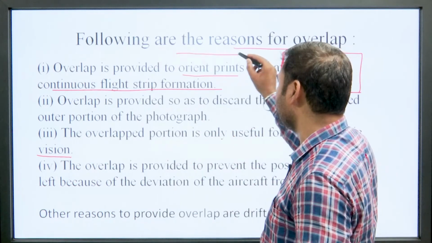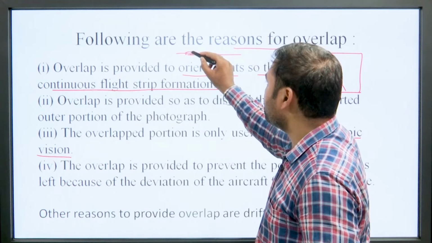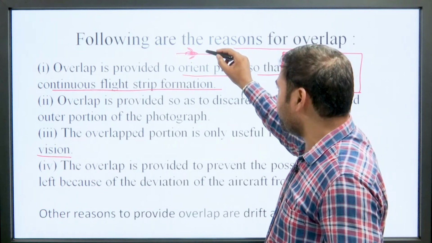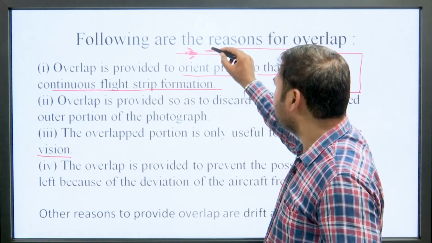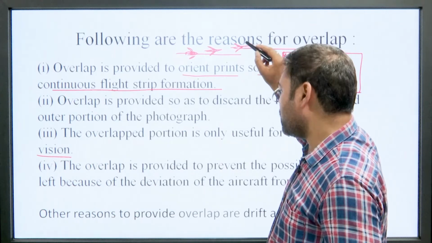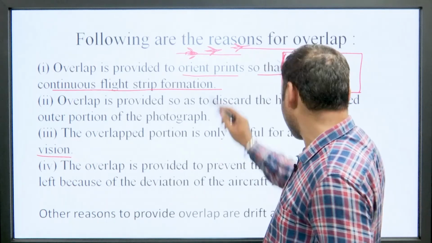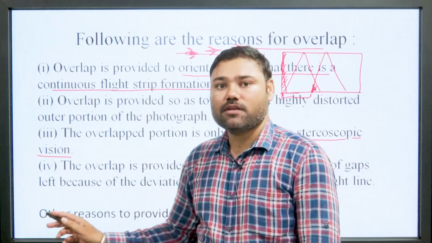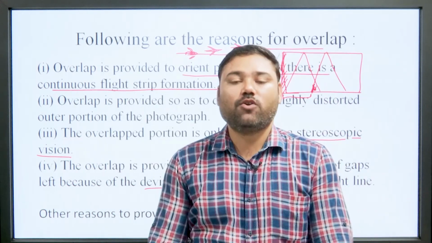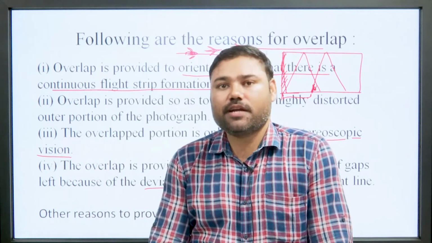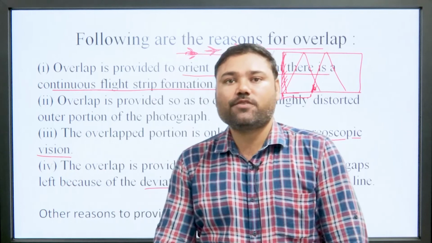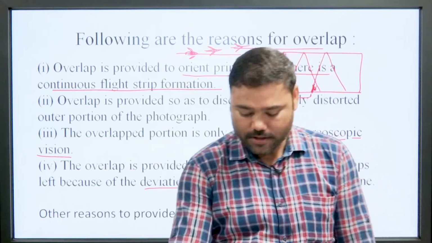This is the flight line, and due to wind pressure the aircraft deviates from its path in this way. In order to prevent gaps due to the deviation of the aircraft, overlapping is performed.